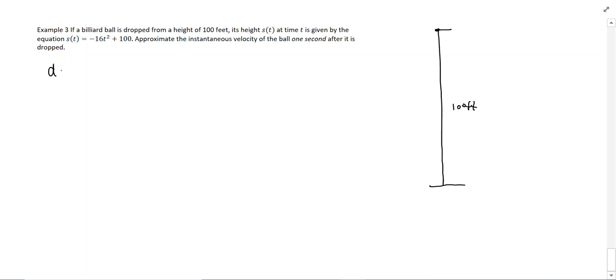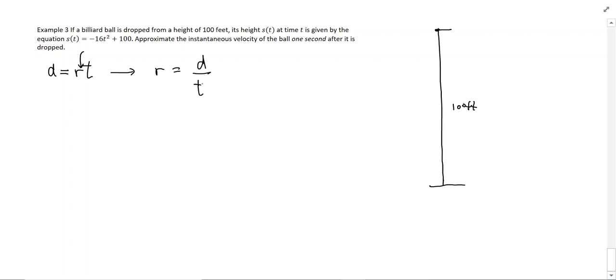Distance and rate and time are related by this equation, okay? Distance equals rate times time. And the question we're asking here has to do primarily with the variable r, okay? So we want to know what is the rate, the velocity, the rate of change of the height, okay? So we could, of course, solve that for r. So we get this equation, okay? Fine.